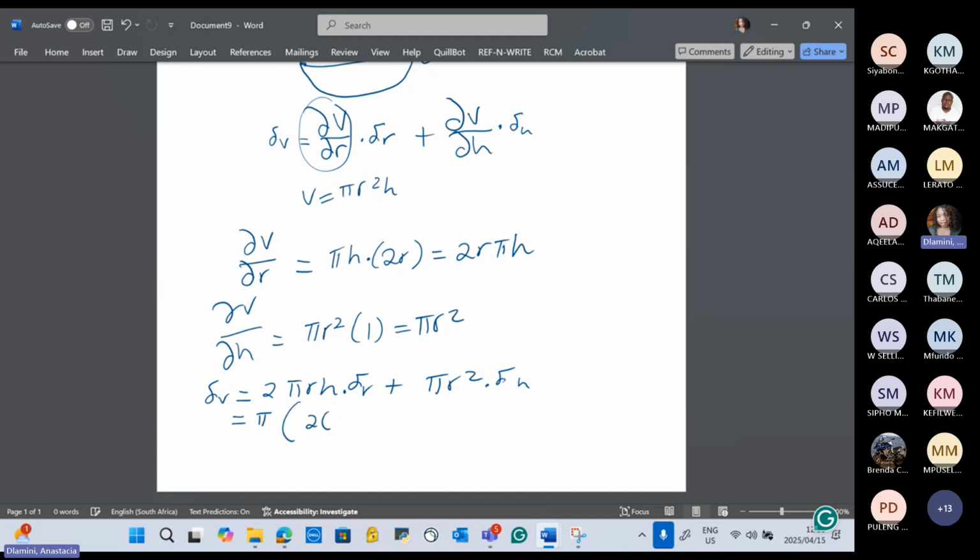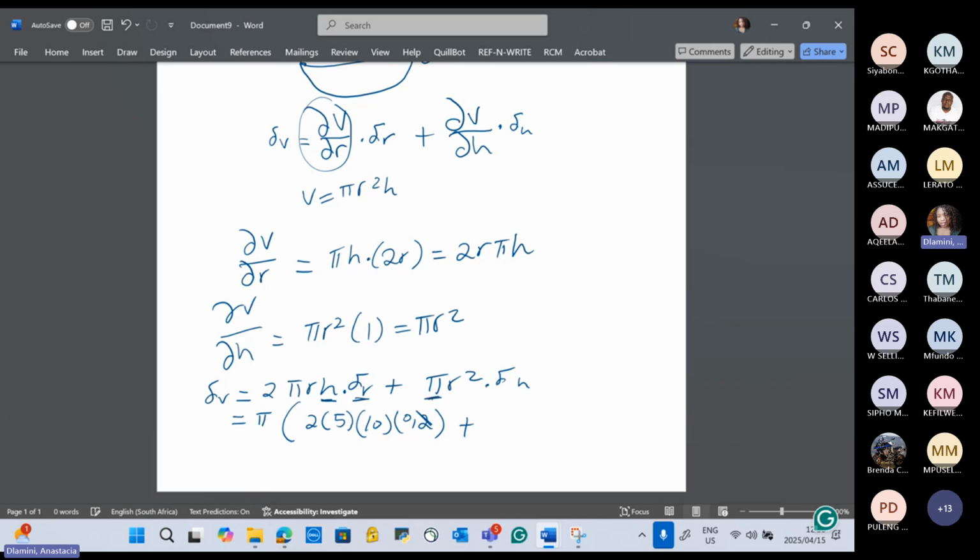What is R, guys? 5. What is H? 10. What is the small change of R? 0.2 centimeters.